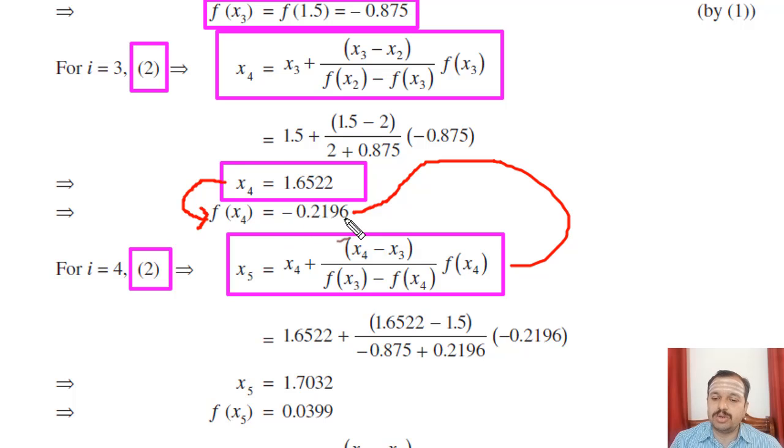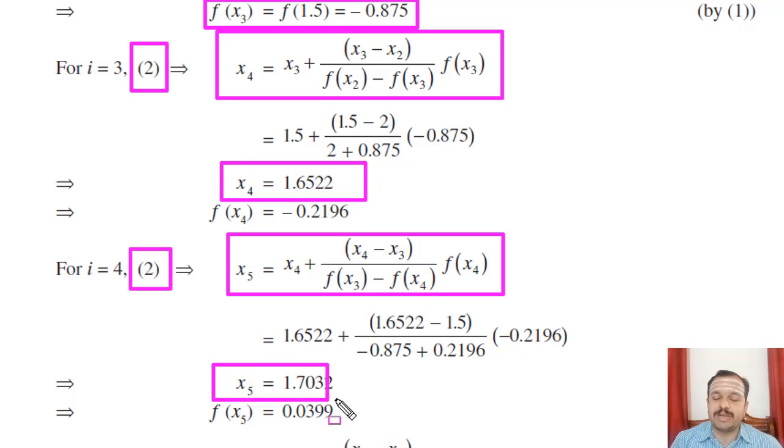So you substitute this value here in place of this, and as well as in place of this, and this will be the right hand side. If you simplify the right hand side, the value of x5 we are going to get here is 1.7032. So x4 was 1.6, x5 is 1.7, therefore we have to proceed.